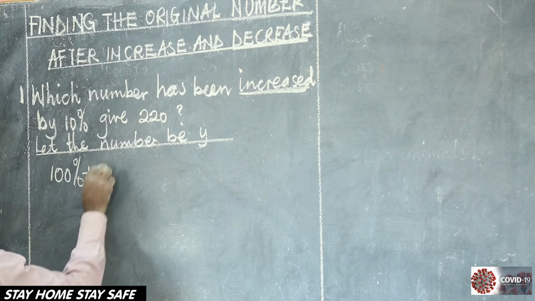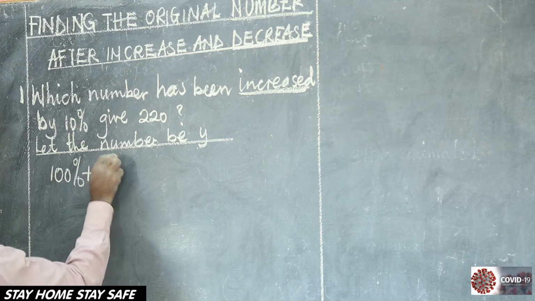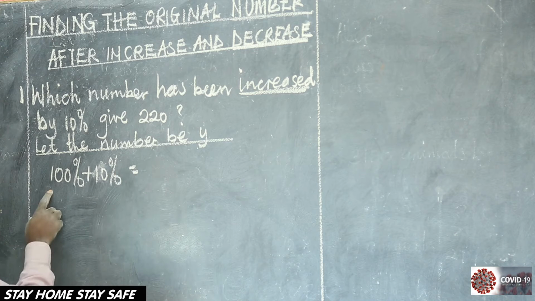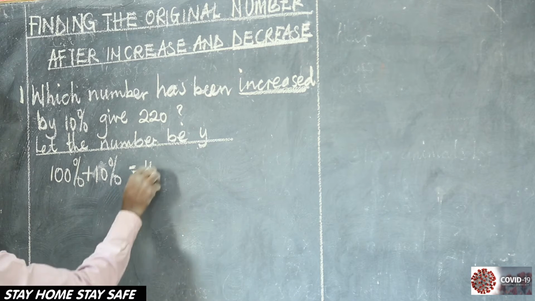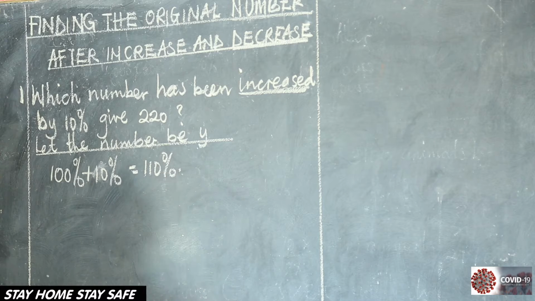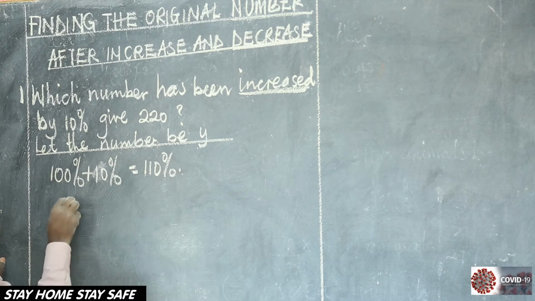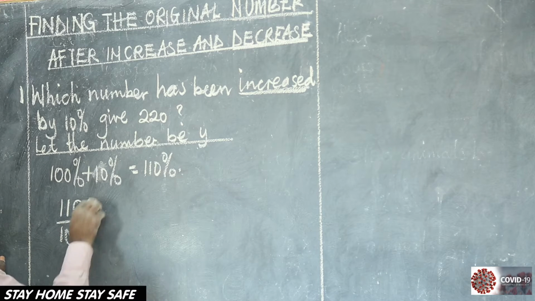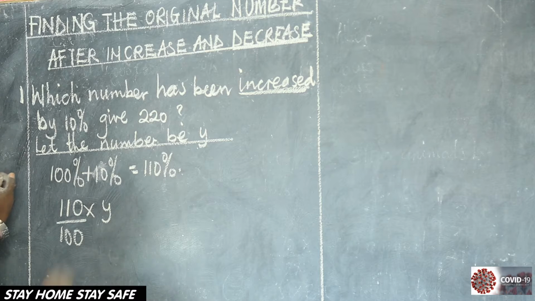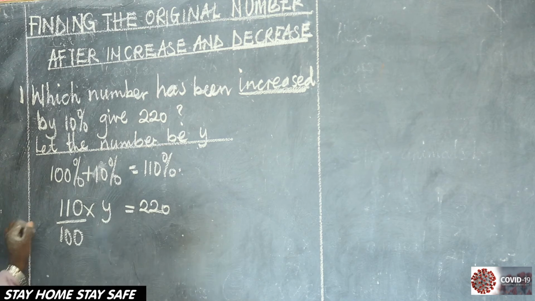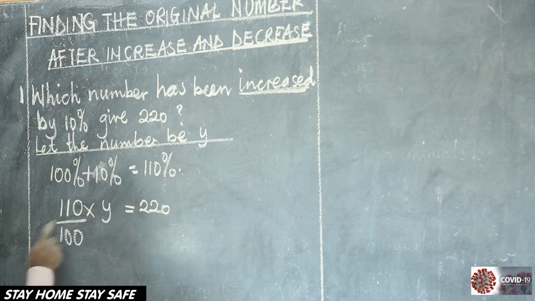So you say plus 10%. And 100% plus 10%, we get 110%. So it means that when I get 110% times the number, I will get the new number which is 220. So we multiply.